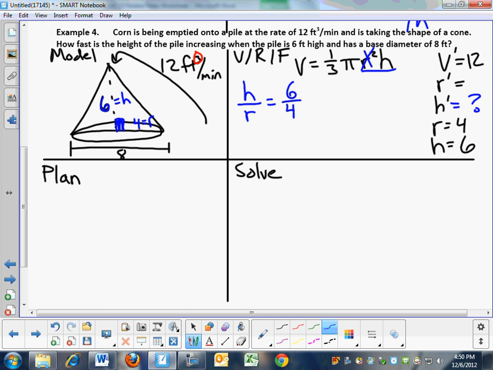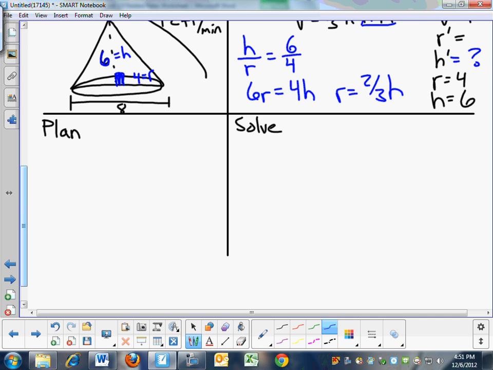And I want to solve for r. 6r, if we cross multiply, is equal to 4h. Divide both sides by 6. r is equal to 2 over 3 h. Looks like I now am good to go. What is my plan?